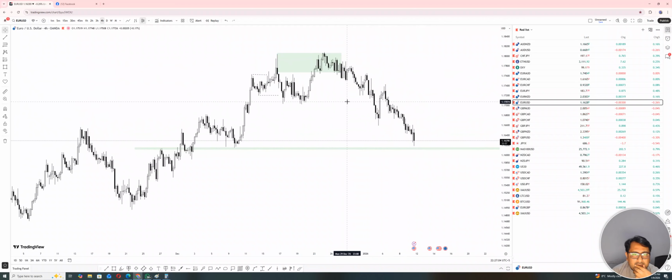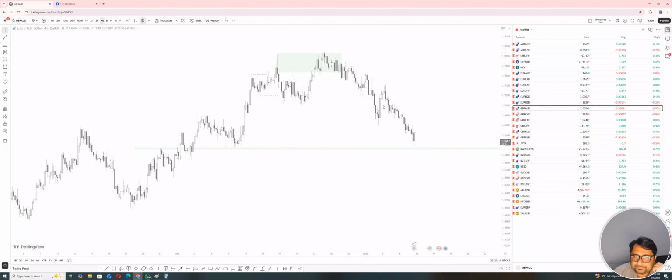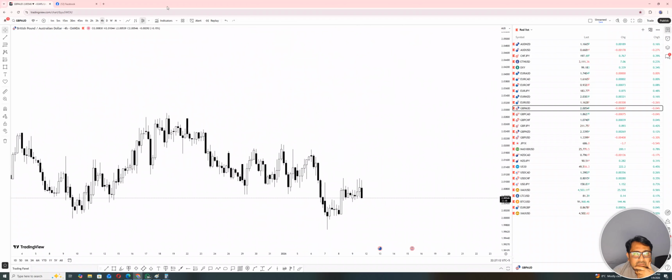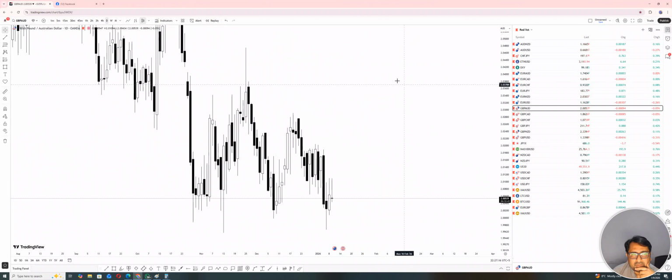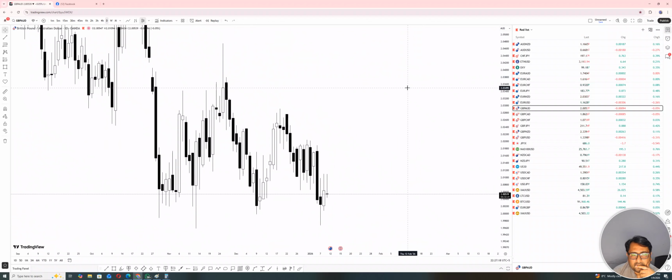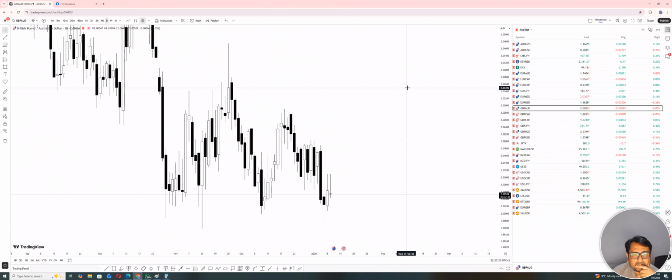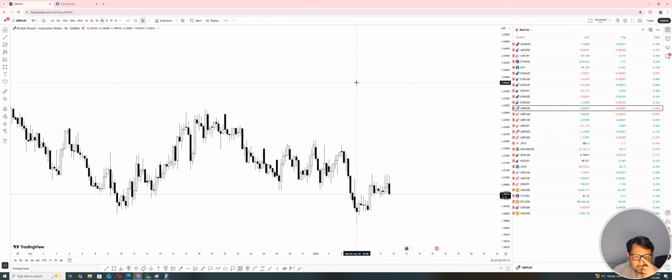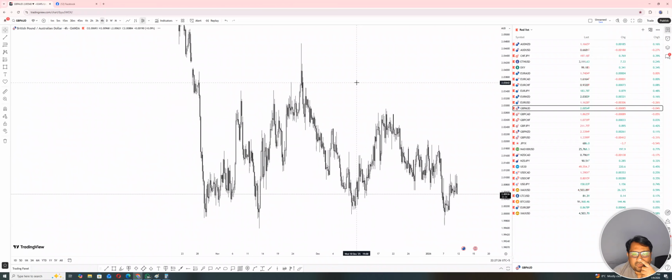And if you want more on a pair like GBP/AUD, first of all we need to see the break of structure, and now you can see a break of structure on the daily time frame. If we look at the H4 time frame, we need to see the break of structure.